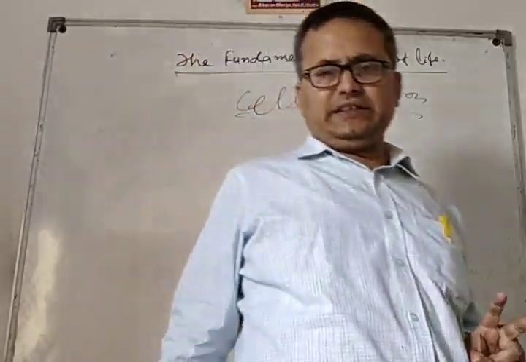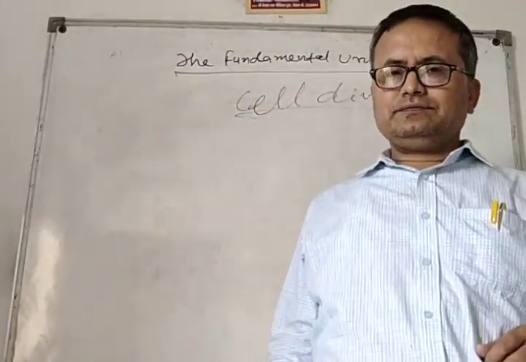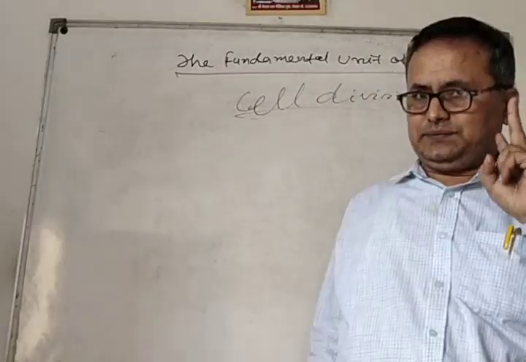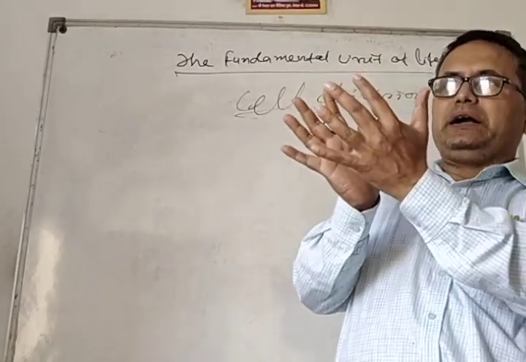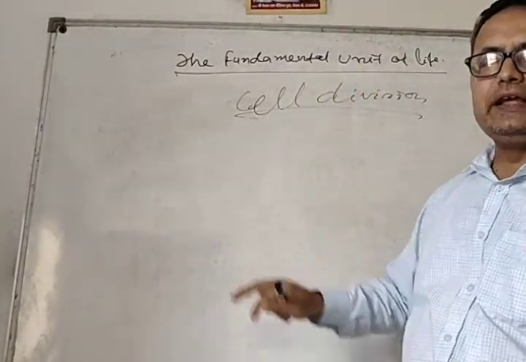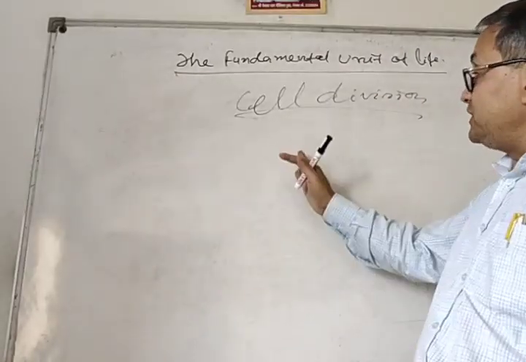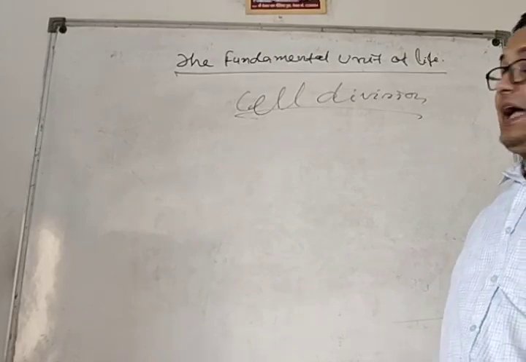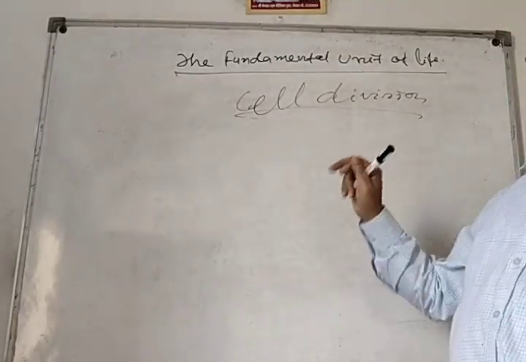Cell division process in higher organisms has two parts. What are the parts? The first part is the nucleus, the second part is the cytoplasm. So there is division of the nucleus, and then the division of the cytoplasm.